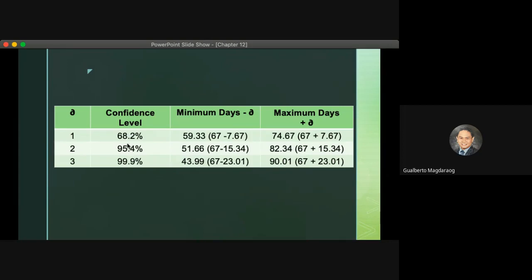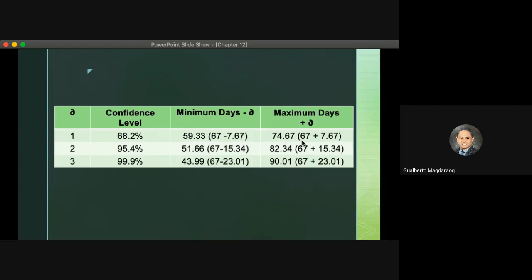If our confidence level is 68.2%, which is equivalent to one standard deviation, the minimum days to finish the project is 59.33. That is 67 minus the one standard deviation. And the maximum period is 74.67 days.